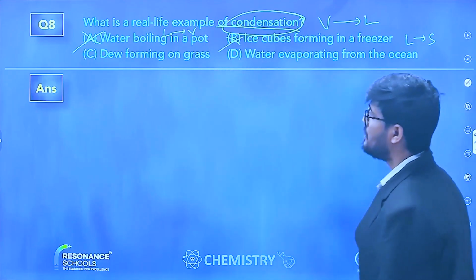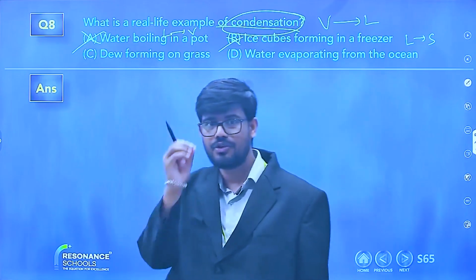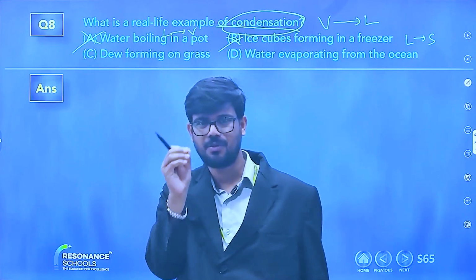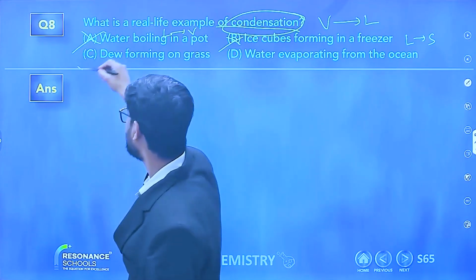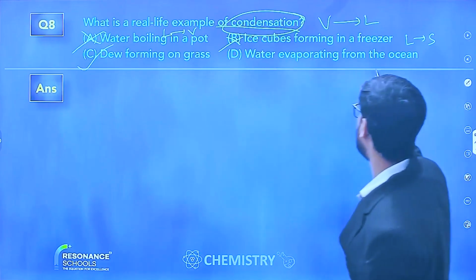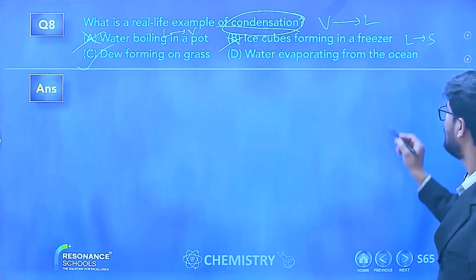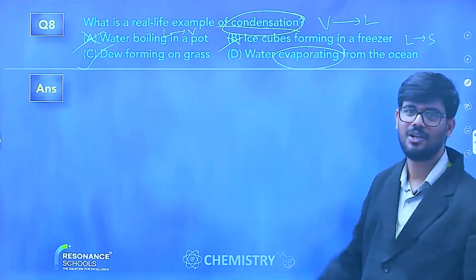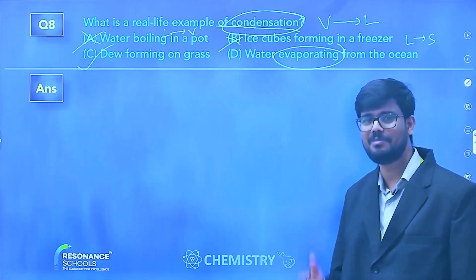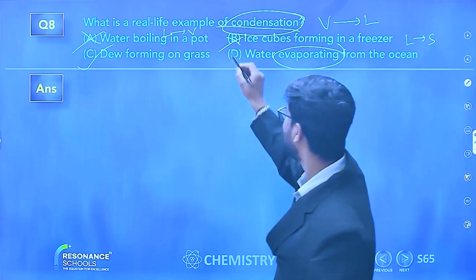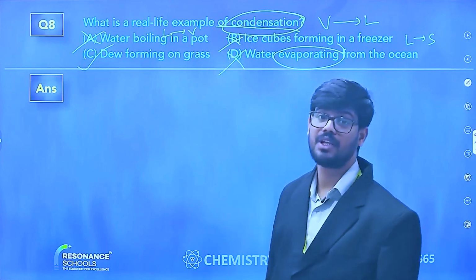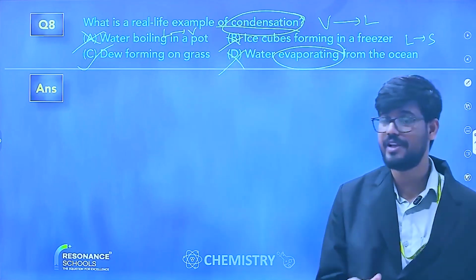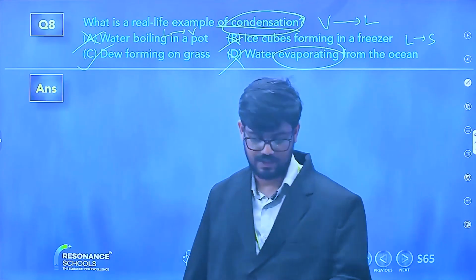Dew forming on glass, yes. Dew forming means small droplets. So this is the correct answer. And water evaporating from the ocean, that is evaporation. So that is also not the correct answer. So condensation, its real life example is dew formation on glass, correct?